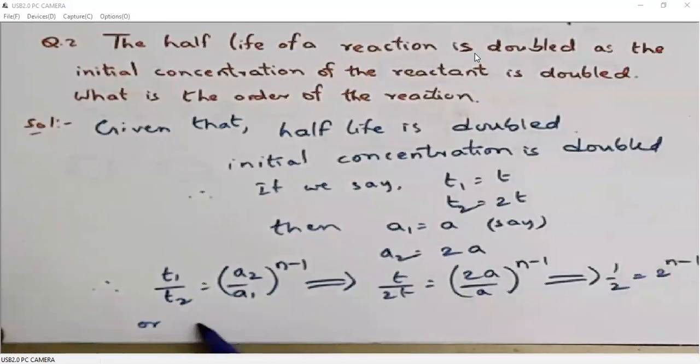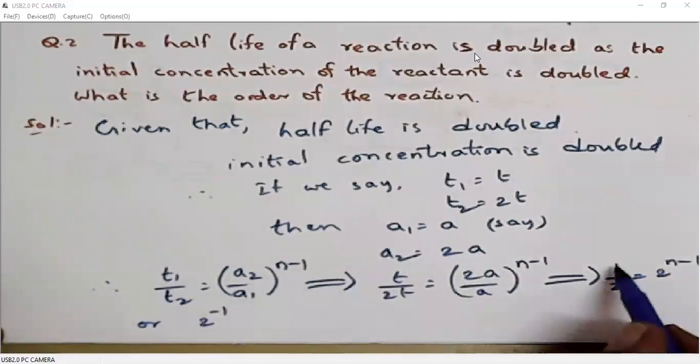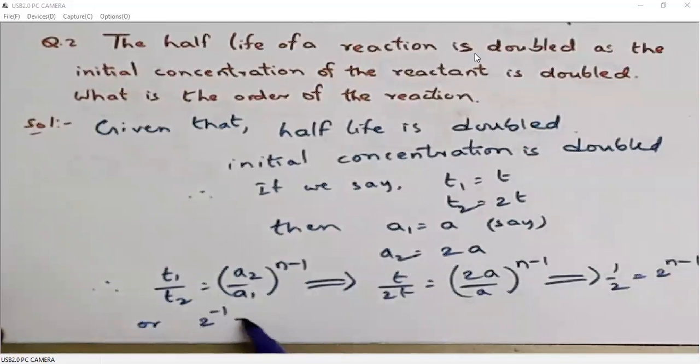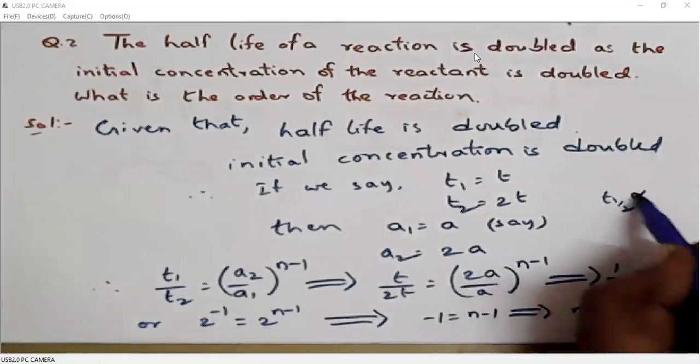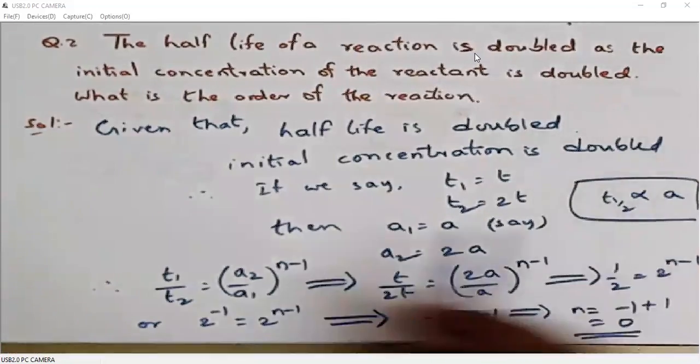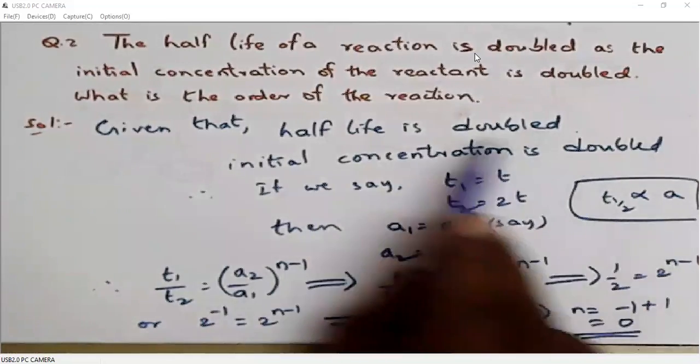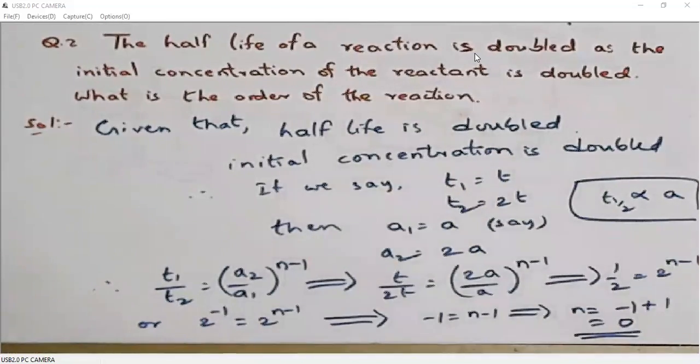Or 2 power minus 1 is equal to 2 power n minus 1. Because the bases are equal, we can make the powers equal. So minus 1 is equal to n minus 1, or n is equal to minus 1 plus 1, 0. It is a zero order reaction. Of course, we know that for a zero order reaction, half-life is directly proportional to initial concentration. That is why when the initial concentration is doubled, the half-life is doubled, so that we can easily identify it.